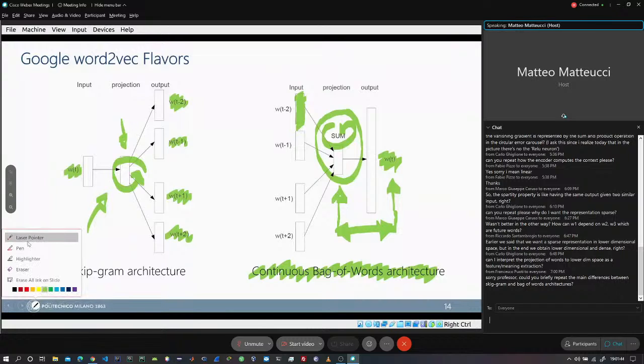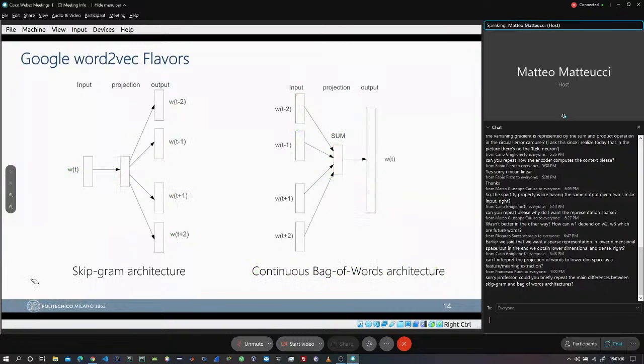In the skip gram, you take a word, with a one-hot encoding. So this is, let's say, a vector 0, 0, 1, 0.